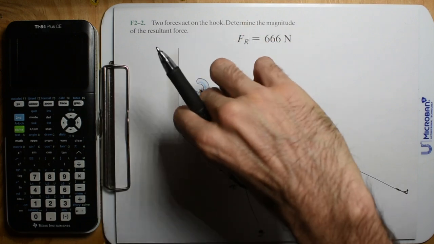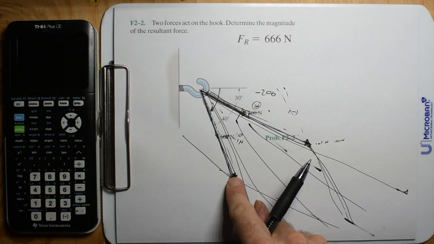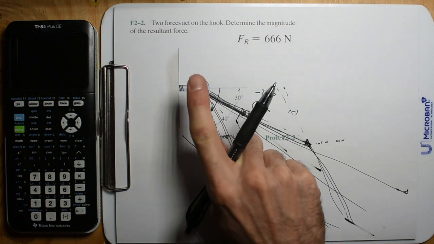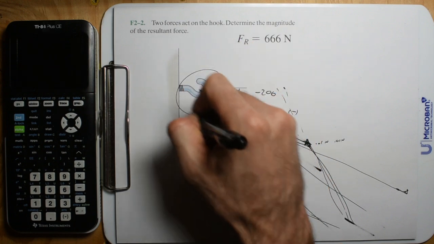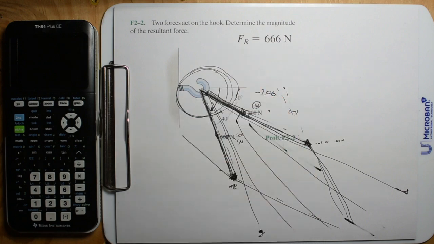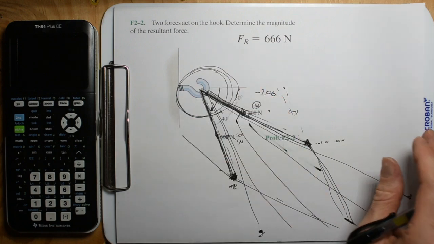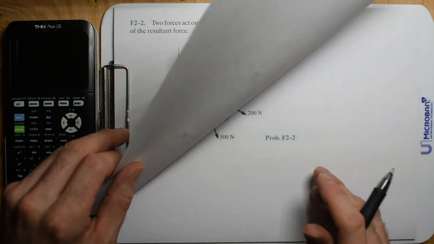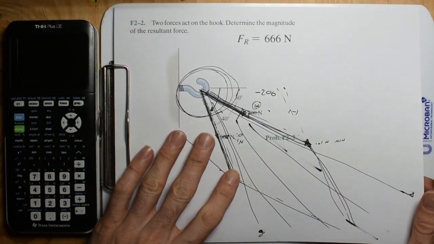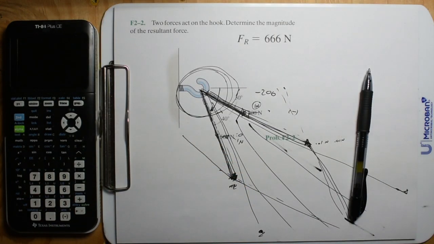I know if both these members can experience positive tension and compression, then sure, the resultant could be anywhere in 360 degrees. We'll do more problems with this, but I do want to get on to solving this from an estimation perspective. Thanks for joining me, and that's the video.